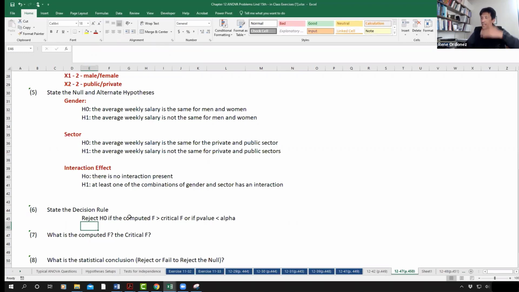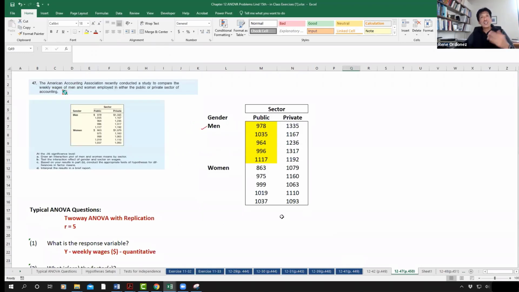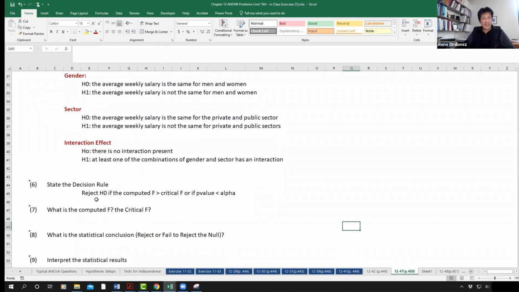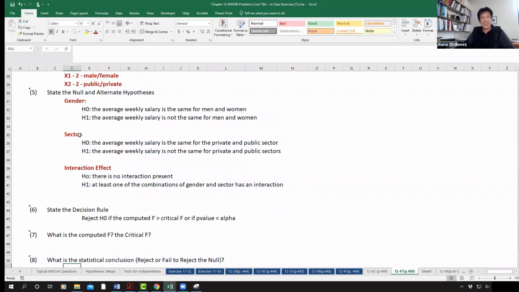Okay, so basically the same hypotheses as well as decision rules as we have covered in the one-way ANOVA. Now let's generate the output, the ANOVA table, that will allow us to make statistical conclusions on each of these three pairs of hypotheses.